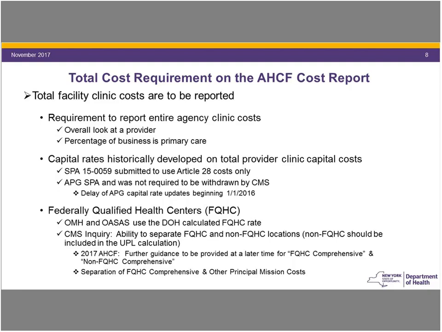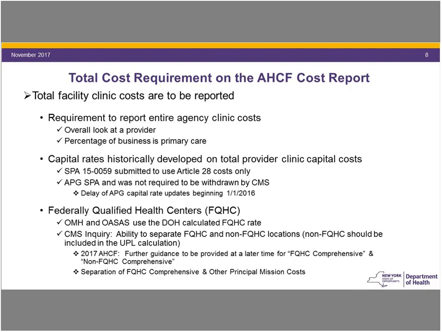We have to think through how we would actually approach that within the cost report, and we're looking at it for the 2017 cost report, if we can get the right concept as to what we need to do for programming. One of the things to point out is that, as I stated before, the Article 28 FQHC locations are comprehensive. If your principal mission for all the locations is comprehensive, that's where you don't have the ability to split out the FQHC and non-FQHC locations.